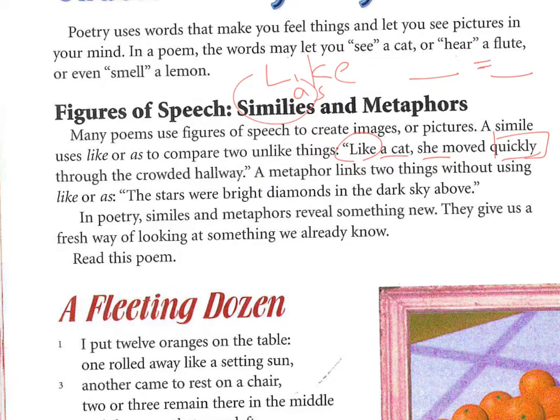A metaphor links two things without using like or as. So links means to connect. A metaphor links two things together without using like or as. The stars were bright diamonds in the dark sky above.